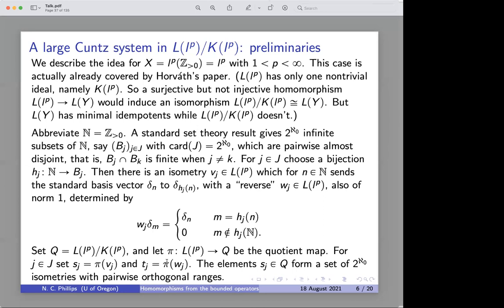And now these things are isometries in the algebra, well, of course, you want to make a proper definition of that, which I didn't do, which have now pairwise orthogonal ranges, orthogonal in the algebraic sense, namely Sj Tj is an idempotent, and the product of two of these idempotents for distinct indices is 0 in either order.